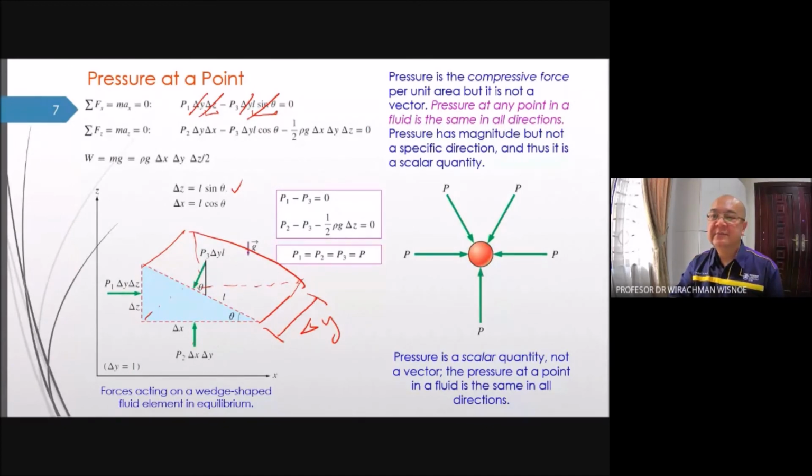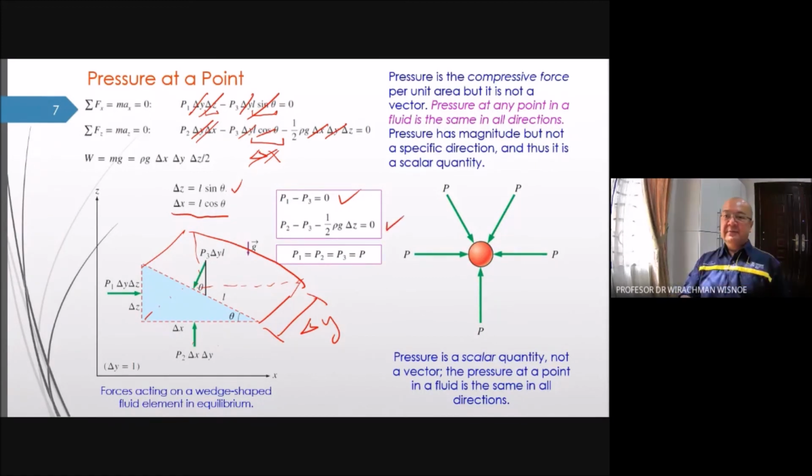That is this one. On the second line, let's cancel delta y, delta y, delta y, delta y. L cos theta is delta x. So it means I can cancel delta x, delta x, delta x. So by the end, I have P2 minus P3 minus half rho g delta z equal to 0, or this one, P2 equal to P3.